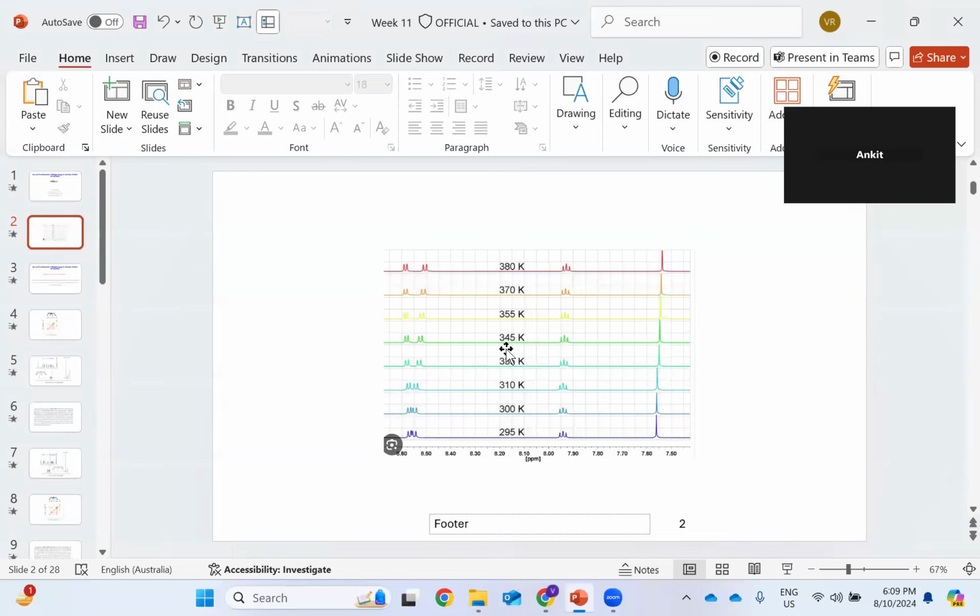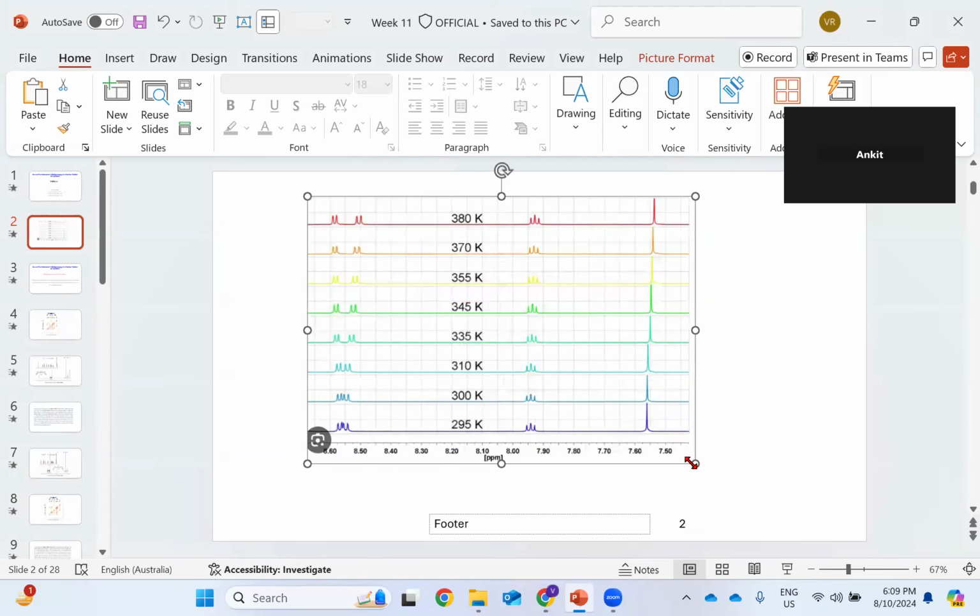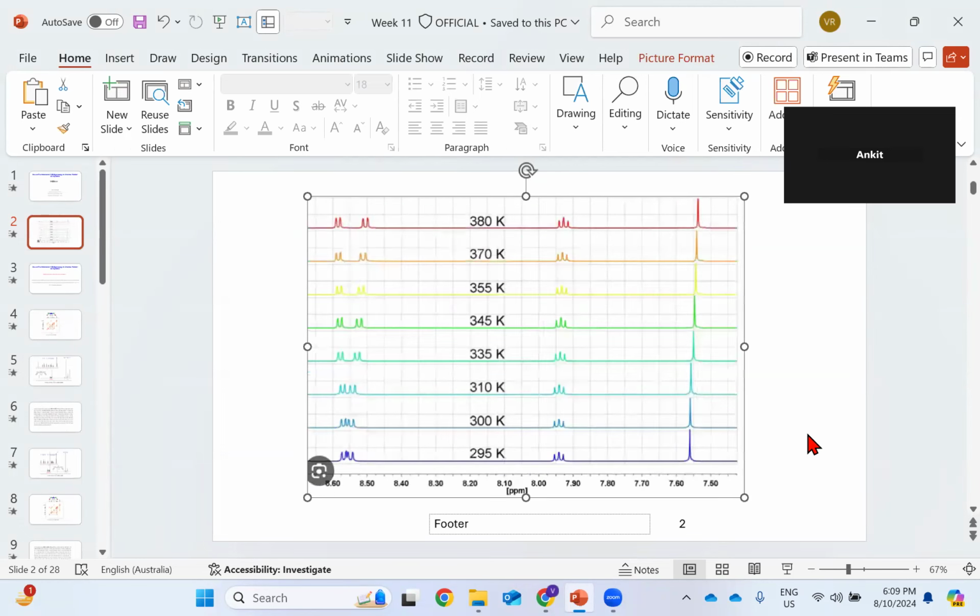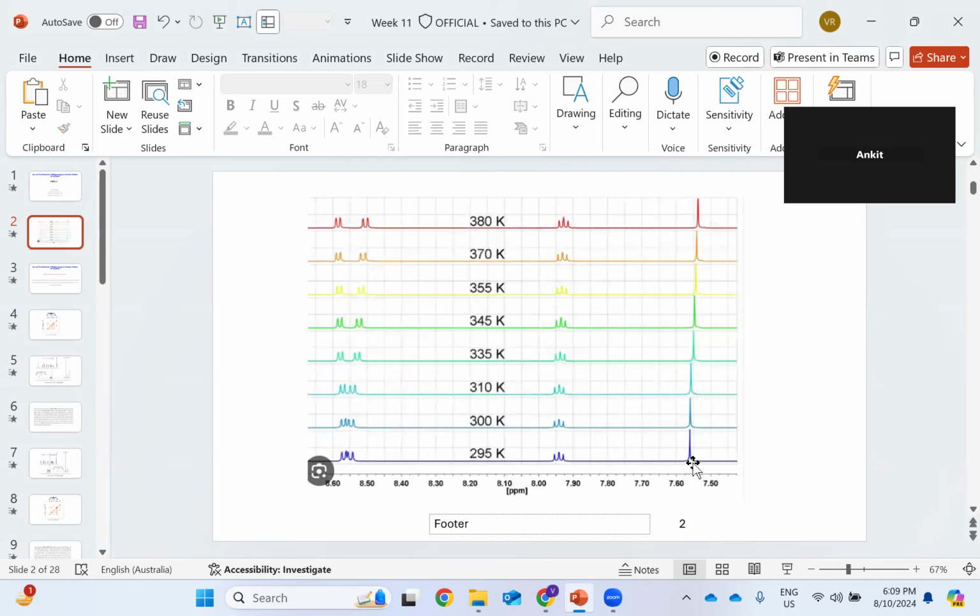Sorry, I have shared the screen. Right. So this is the spectra of one of the molecules, taken at different temperatures, moving from 295 Kelvin to 380 Kelvin. We can clearly observe there is a slight decrease in the peak position from lower temperature to higher temperature. So this is the effect of the temperature on the NMR spectra.